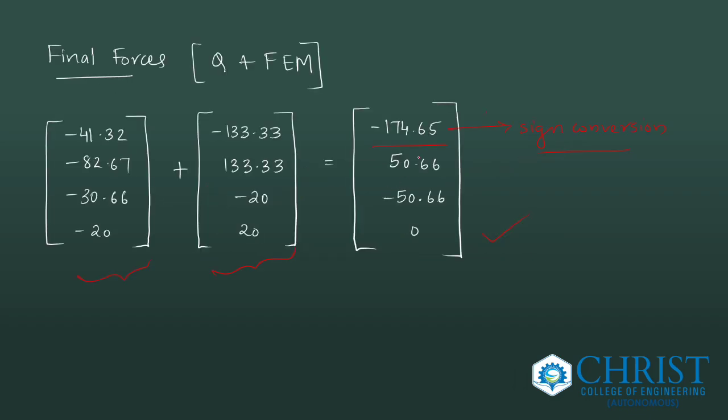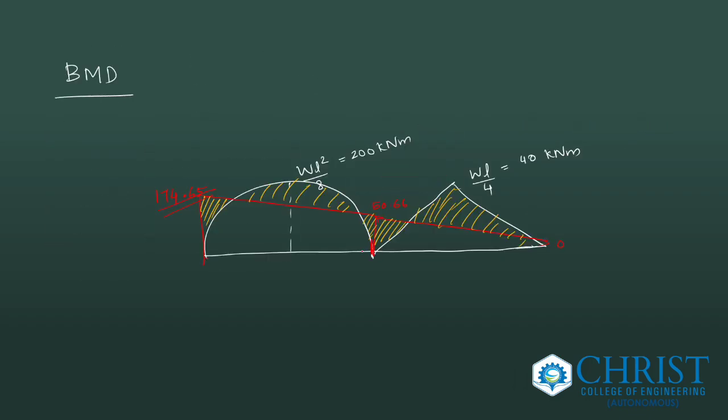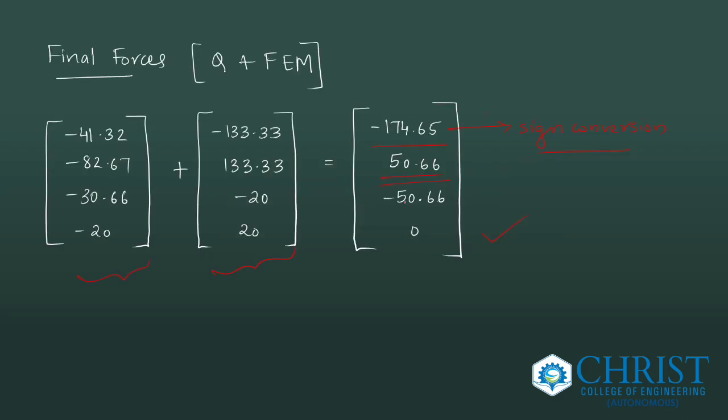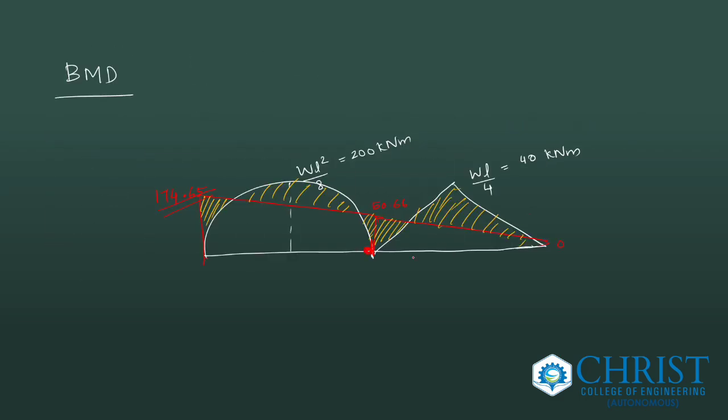And if you have a positive value in the right end, that is this point, it should be drawn above the baseline. And if you have a negative value in the right end, that is this one, it should be drawn above the baseline and hence it occurs here. It is 0. These are my final end moments.